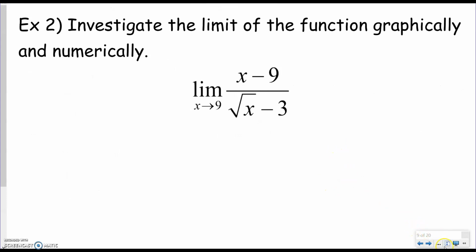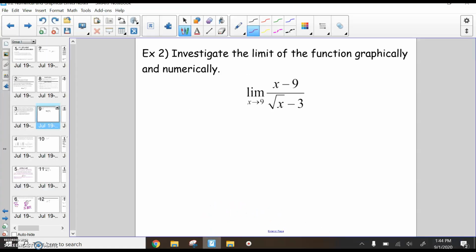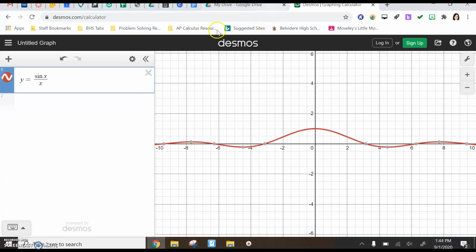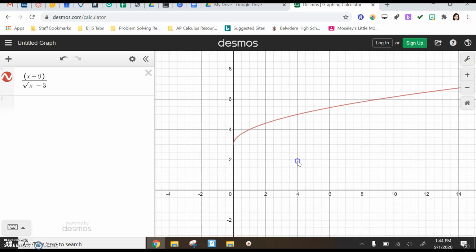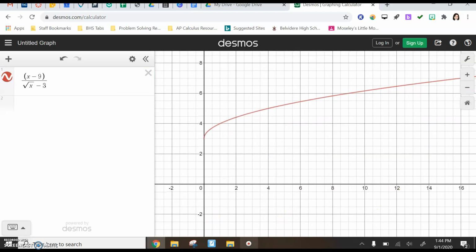Okay, so for the first one, I'm going to go ahead and investigate this graphically. So we have x minus 9 over the square root of x minus 3. Here's our graph, and I like Desmos because I can move this around pretty easily.